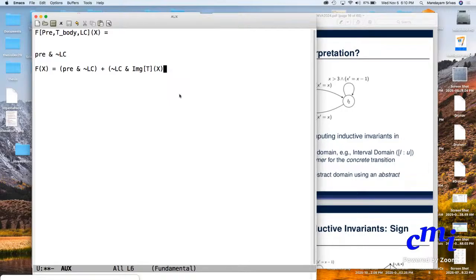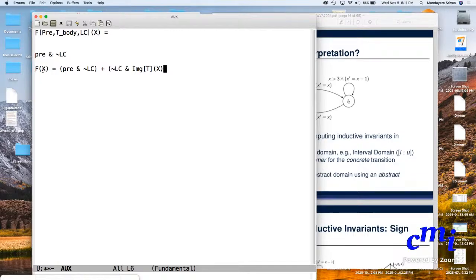That should be for an arbitrary iteration. So if X is like a continuation, the input that it gets, X, F is mapping some set to some set. If X is what you get after i iterations, then it should define what to add to that.